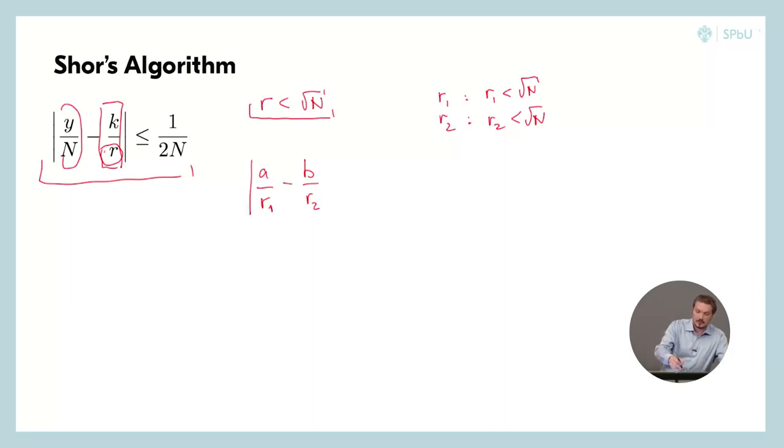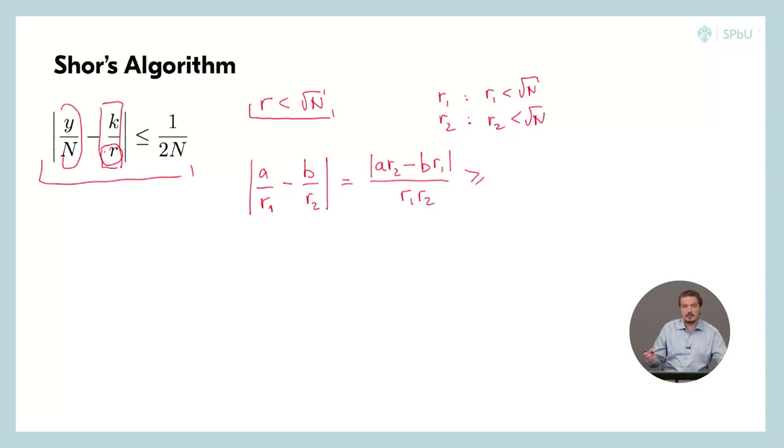So we compute the distance, which equals a r2 minus b r1 divided by r1 r2.